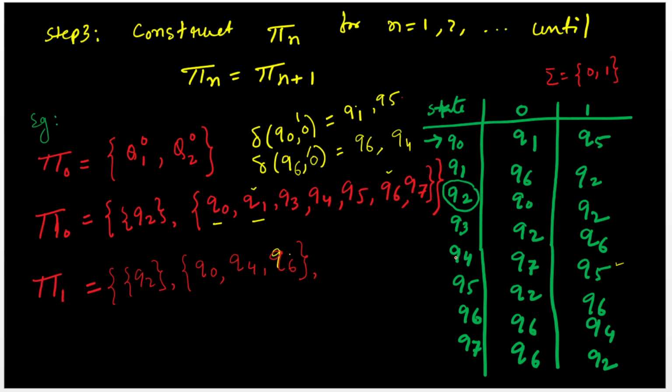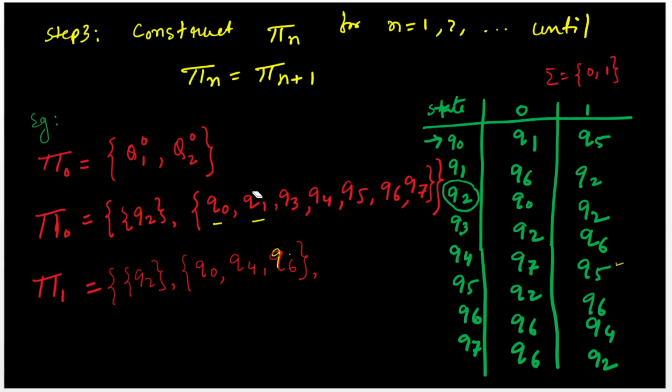Now we have to check the remaining states in the same way. What are the remaining states? Q1, Q3, Q5 and Q7. Now we check whether these are pi 1 equivalent or not.